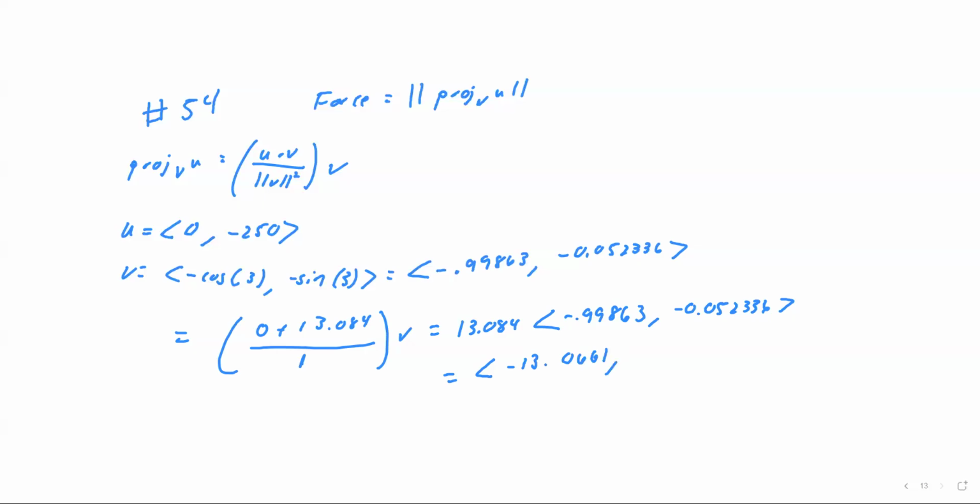And then we'll take that negative answer there for sine, multiply it by that 13.084. And that will actually give me negative 0.684763. All right, now we have to take that answer and find the magnitude to find its ultimate force.